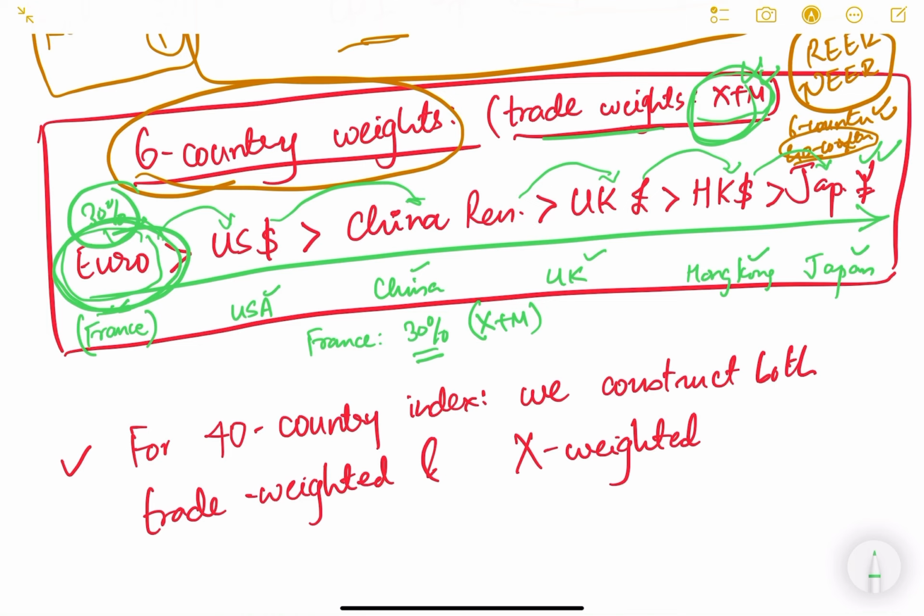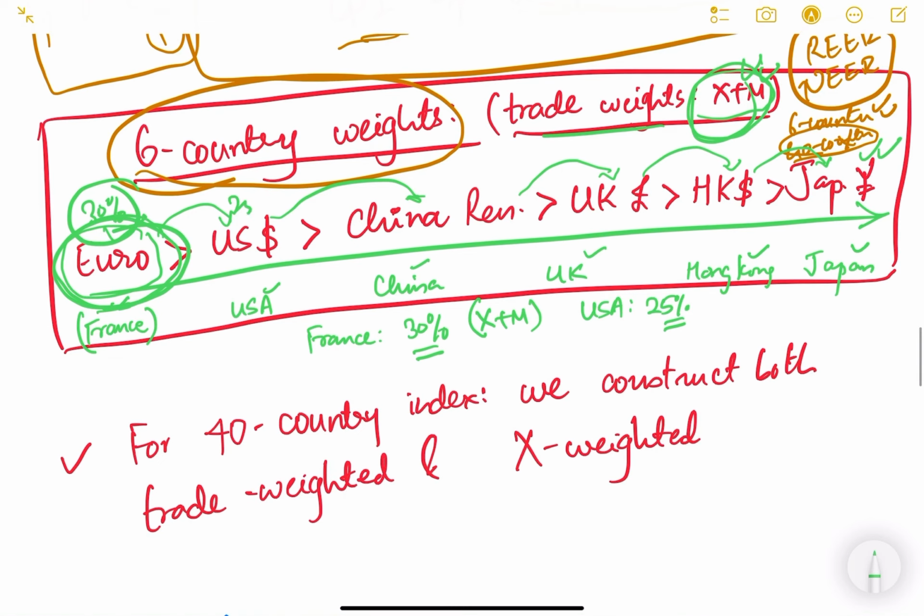If USA accounts for say 25% of our total trade, then 25% weight will be assigned to USA, like that. So this is trade weighted. We look at the total trade with those countries, exports plus imports.